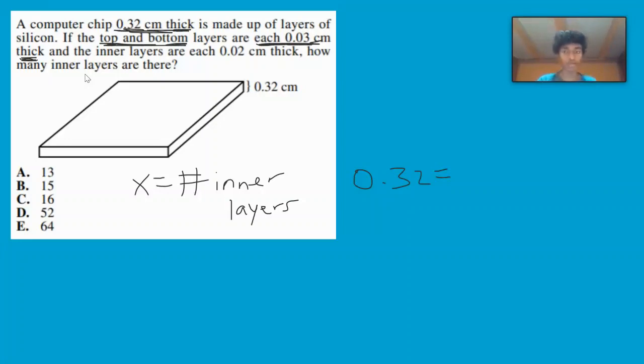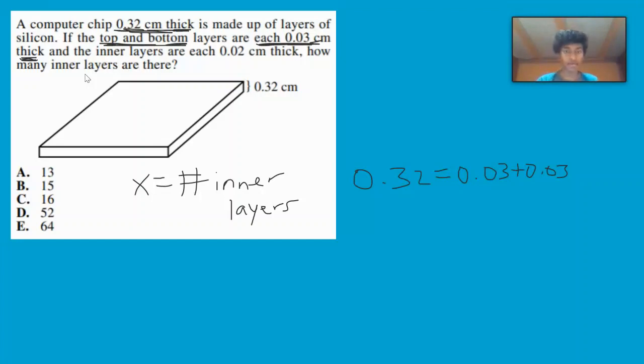So we have the top layer and the bottom layer. The top layer is 0.03 centimeters and the bottom layer is 0.03 centimeters. Right, and then the inner layers are each 0.02 centimeters thick.